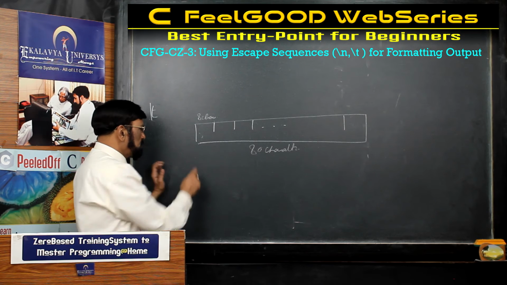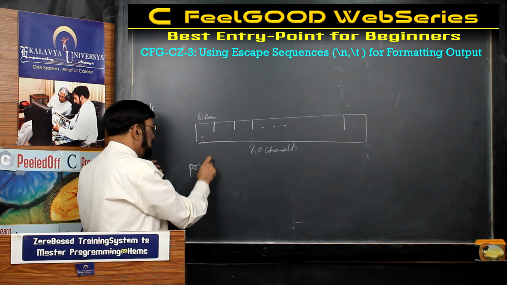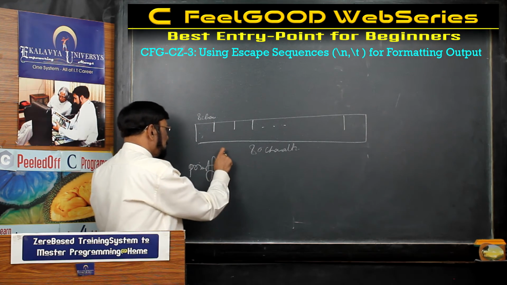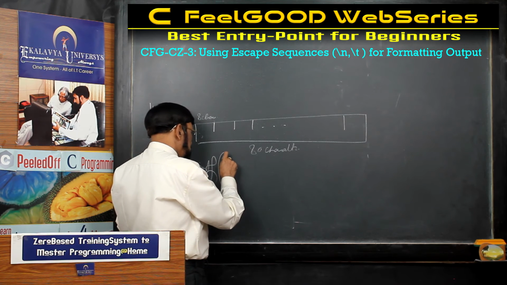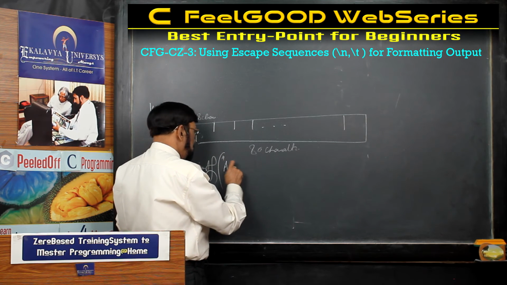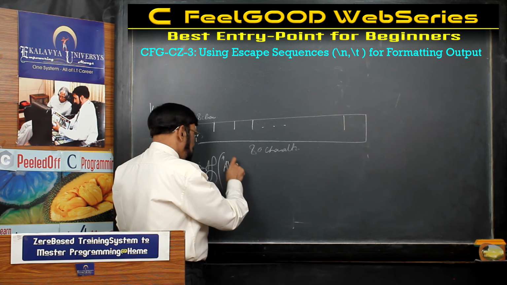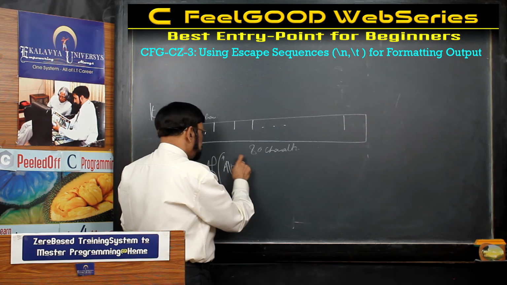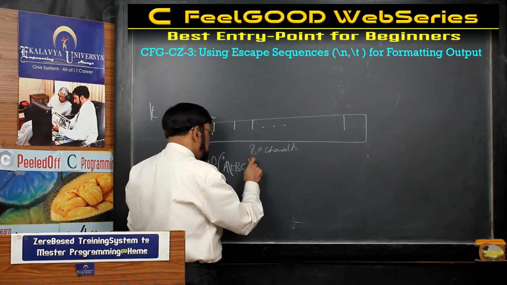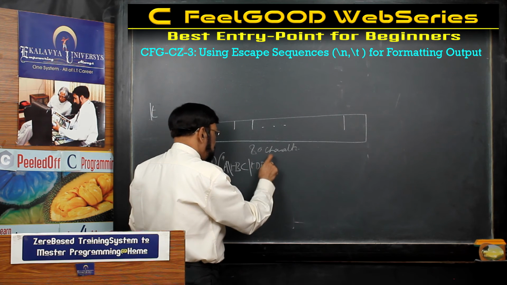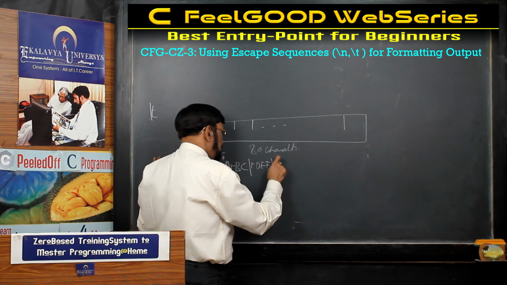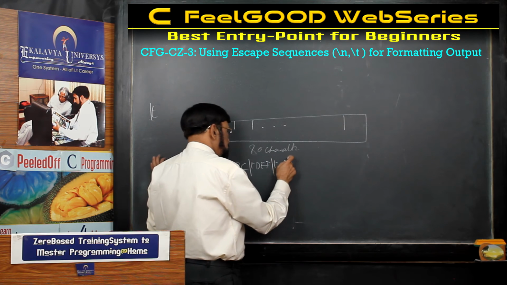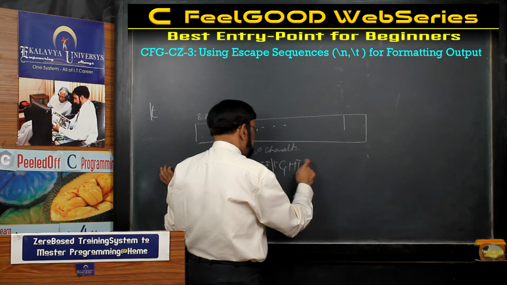Now with this information, you see I write printf A, horizontal tab, BC, horizontal tab, DEF, horizontal tab, GHIJ.